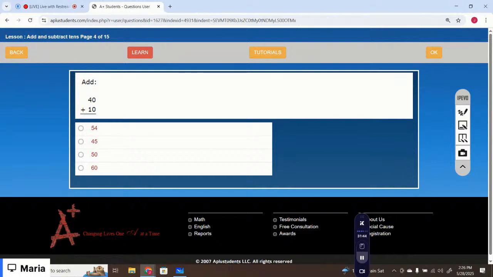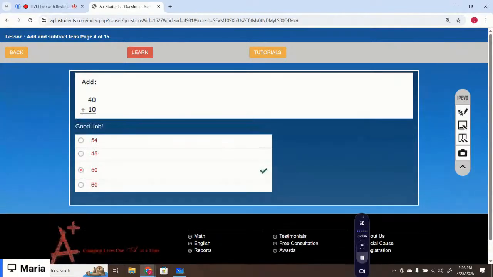So 0 plus 0 is 0 and 4 plus 1 is 5. So the correct option is 50. 40 plus 10 is 50.